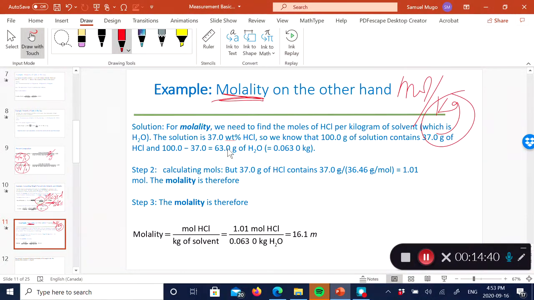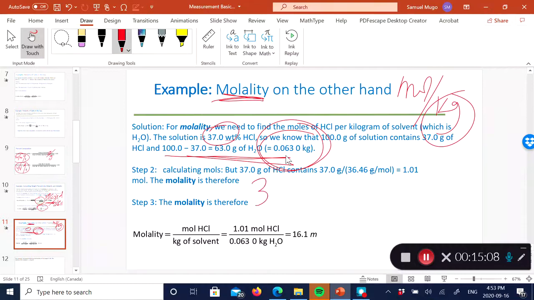So you can see the amount of water present would be the 37 grams of HCl, and then the rest is going to be water. The water in this case is 63 grams, and you have to convert it into kilograms to get 0.063. Then after that, you can calculate the number of moles of HCl.